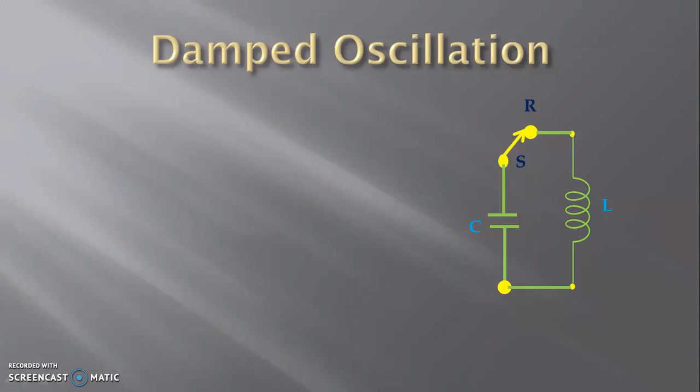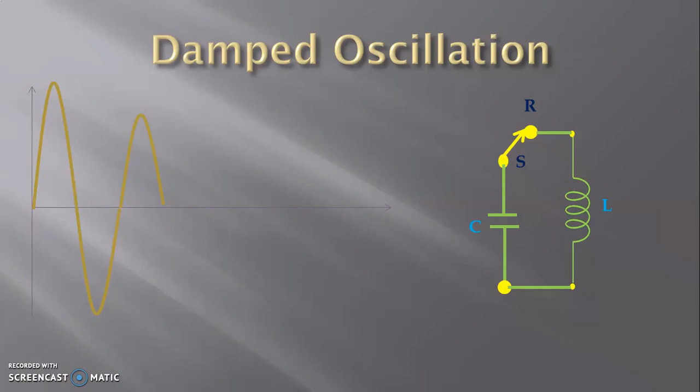So during transfer of energy from capacitor to inductor and inductor to capacitor, at every half cycle we have oscillations in the output voltage, but the amplitude of the output voltage goes on decreasing, because without an external source of energy, at every half cycle during transfer of energy we have a certain amount of loss in energy.